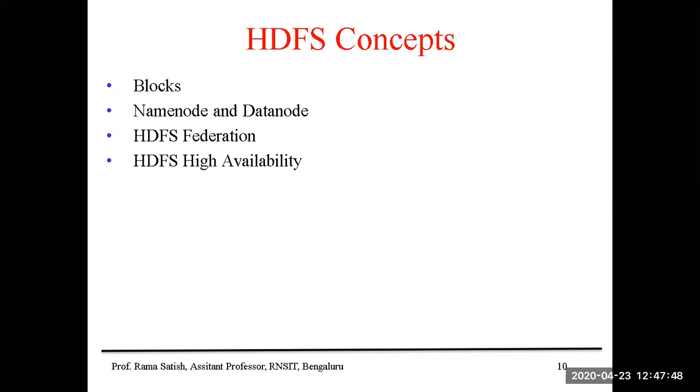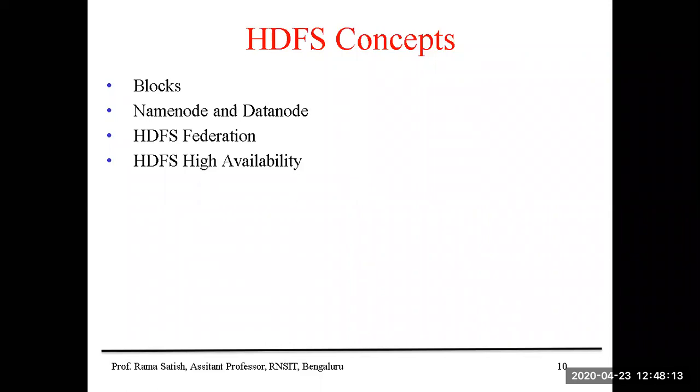HDFS Federation is a collection of tools working together, and HDFS has a component called high availability. Even with problems of commodity hardware, network failure, node failure, and data failure, data is still available.